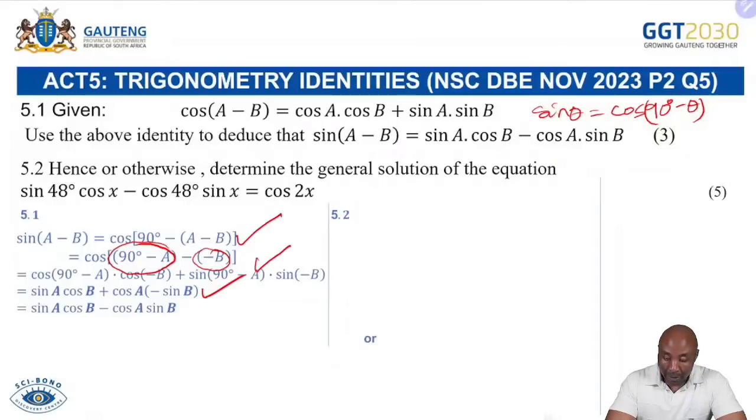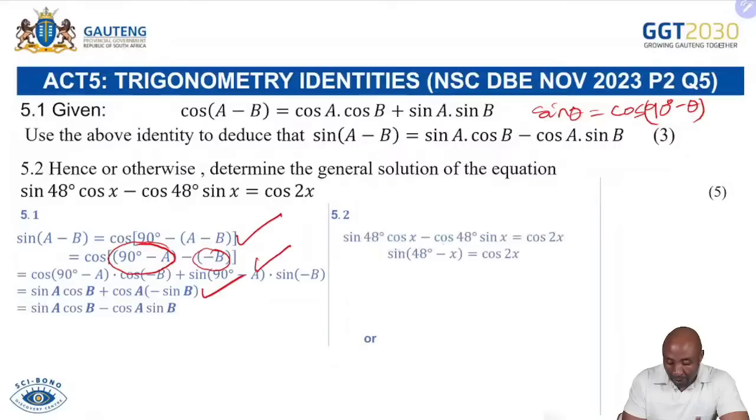Hence or otherwise, determine the general solution. So I see this is sine cos minus cos sine. Now you go to your formula page. This is similar to what I'm having here. Sine cos minus cos sine. So this is my A and this one is my B. I reverse it. I get sine 48 minus x is equal to cos 2x.